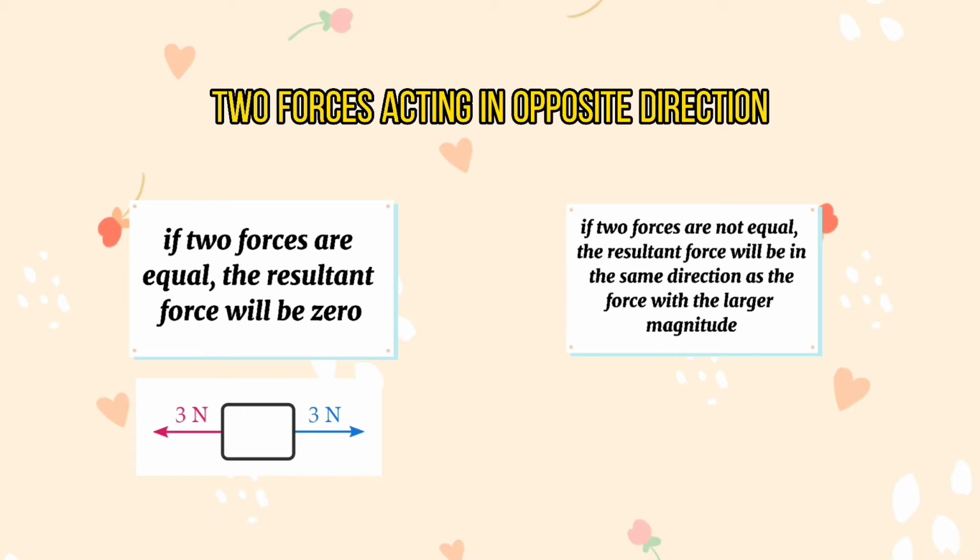On the other hand, if the two forces are not equal in magnitude, the resultant force will be in the same direction as the force with the larger magnitude, and the magnitude equal to the difference between the magnitudes of the two forces, which is 5 Newton minus 3 Newton equal to 2 Newton.